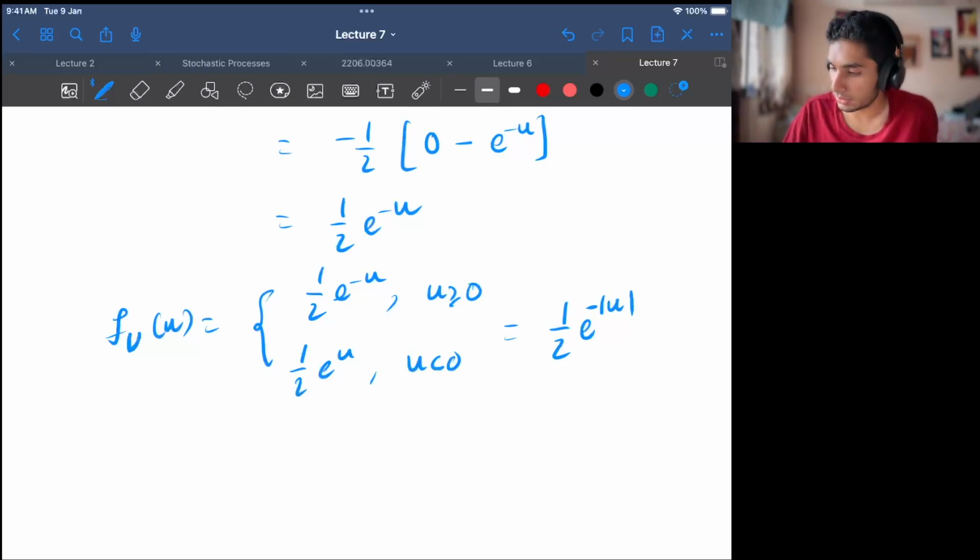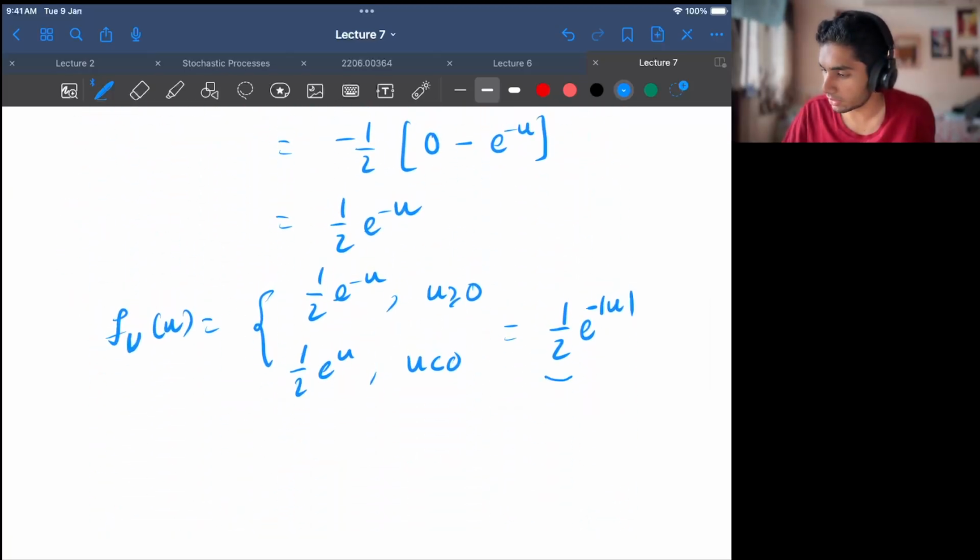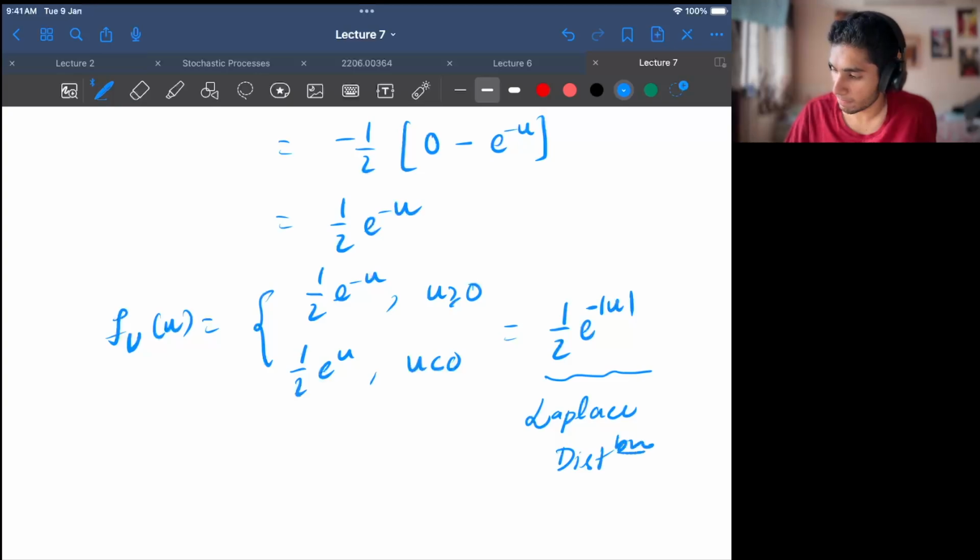So this is the distribution, and I hope you remember what this distribution is. This is your Laplace distribution, right?